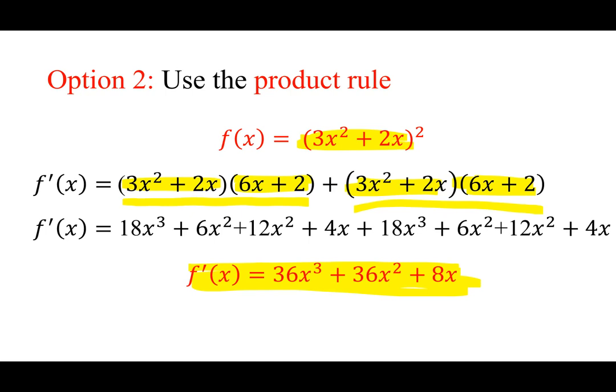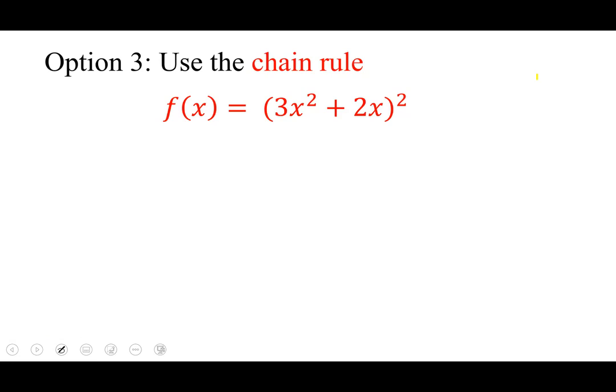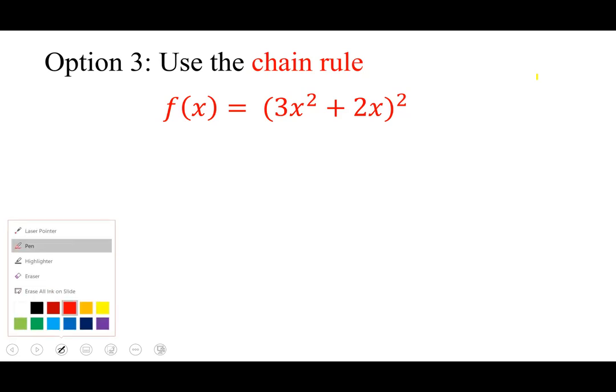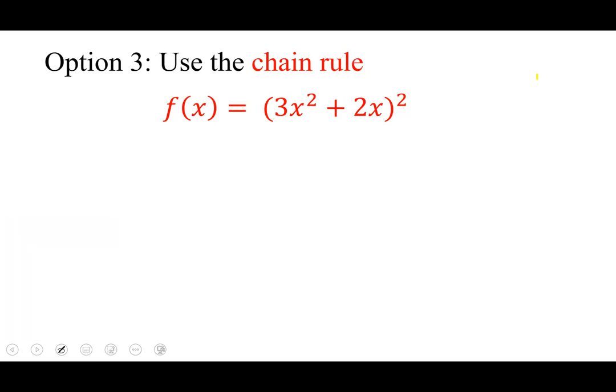And now on the next slide, you should start writing it down. It's your third option. It's actually the best option, and that is using the chain rule. So let's go ahead and take a look. All right, so using the chain rule, here is what you are going to do. You are going to be able to take the derivative immediately.